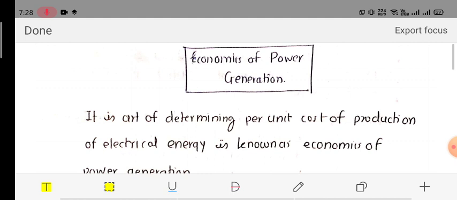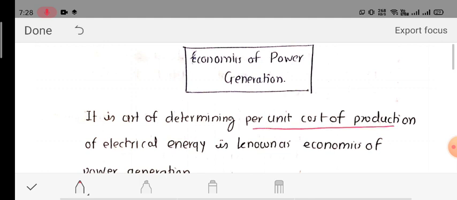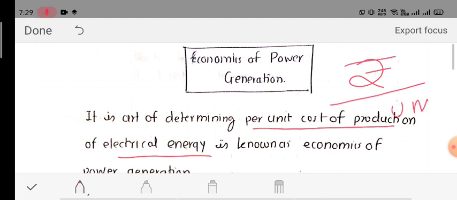So what is exactly the economics of power generation? It is an art of determining the per unit cost of production of electrical energy, which is known as economics of power generation. Suppose you have a power plant, you are producing energy for, let's say, rupees for a unit.